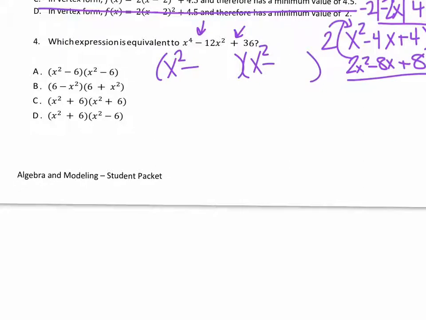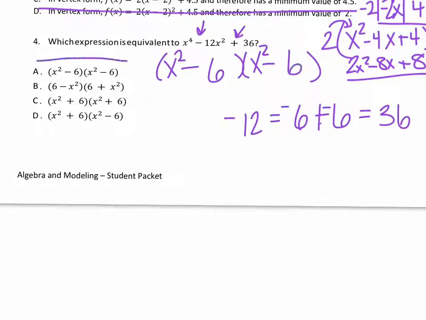Then I think about the factors of 36 that multiplied together give me 36, but added give me 12. Positive 6 and positive 6 gives me positive 12, but negative 6 and negative 6 gives me negative 12. So A is our answer.